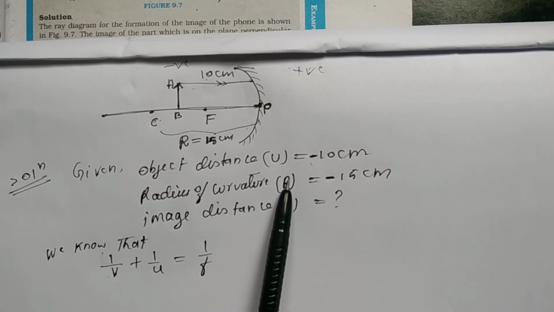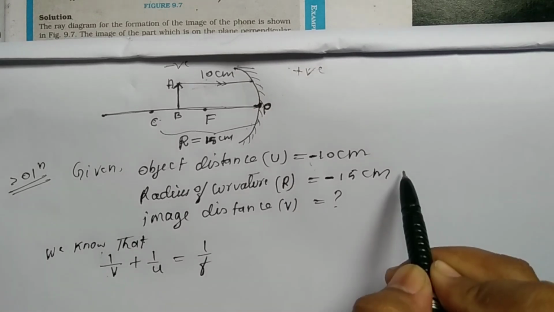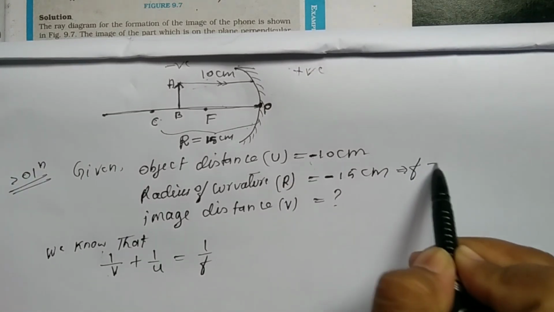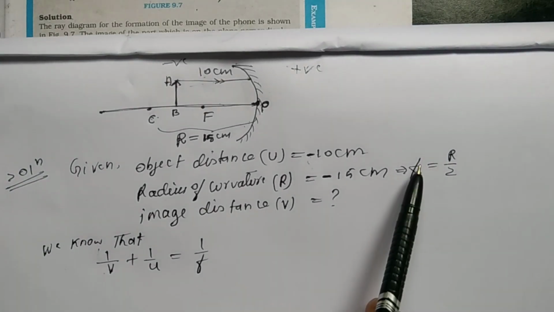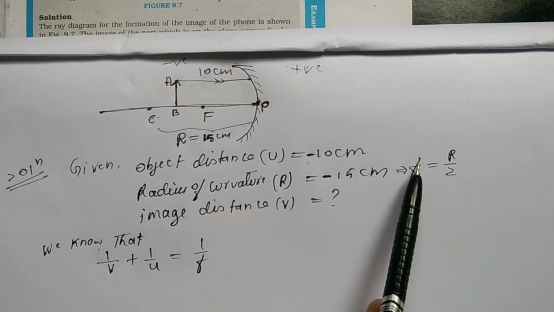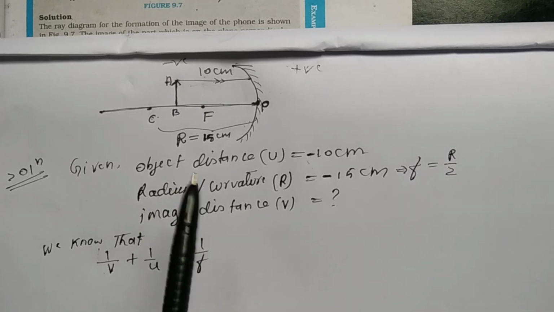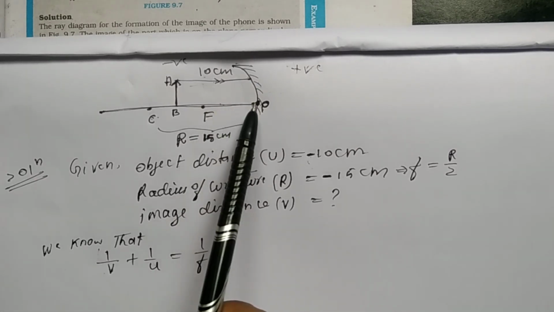We know that focal length f equal to r by 2. This is the relation between focal length and radius of curvature. Focal length is the distance between f and p, that is, the distance of the focus from the mirror.